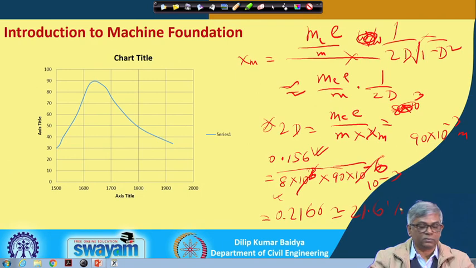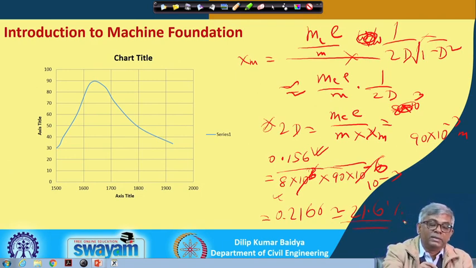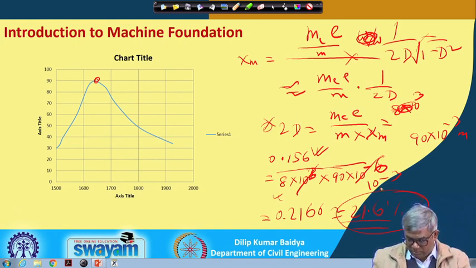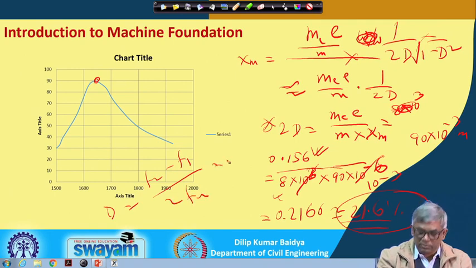That is equivalent to 21.6%. So you can see, using the peak amplitude, you can find the damping this way. It is becoming 21.6%, whereas from the other way, damping equal to f2 minus f1 by 2 fn, you get only 5%.